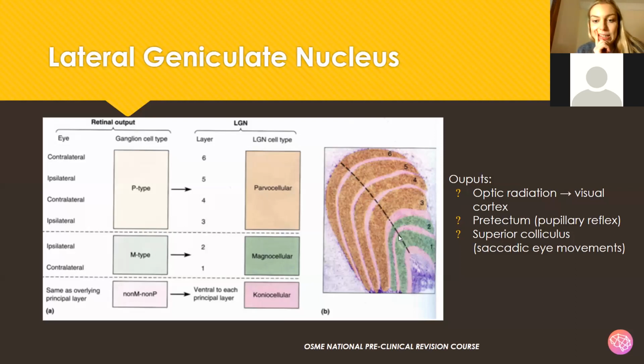And within these 6 layers, we have the processing of the visual information in parallel. So why do we have these layers? Part of the visual organization system. So different LGN layers receive different types of retinal information.